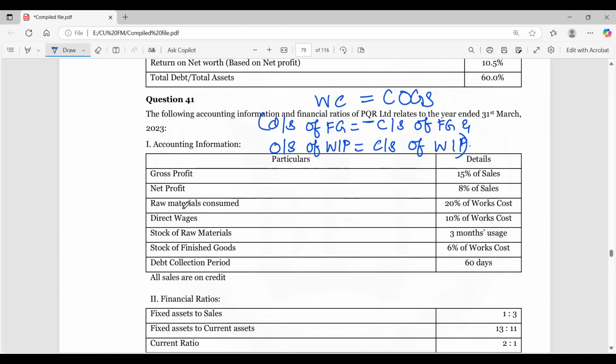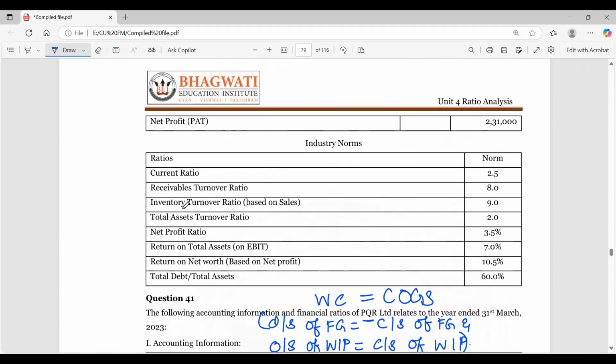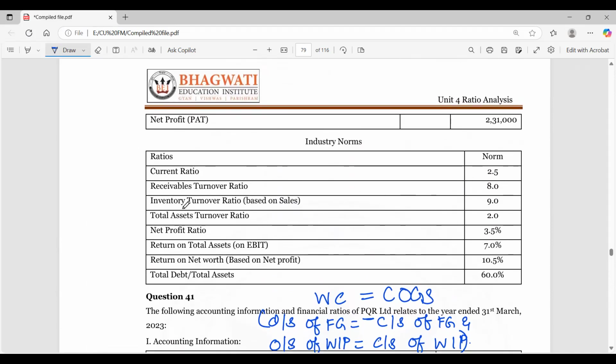I'll tell you why. Because in this question, generally, what is the formula for calculating gross profit? Sales minus cost of goods sold. In this question, what they have done is they have taken sales minus works cost is equal to gross profit. This is what we have taken in the study material.